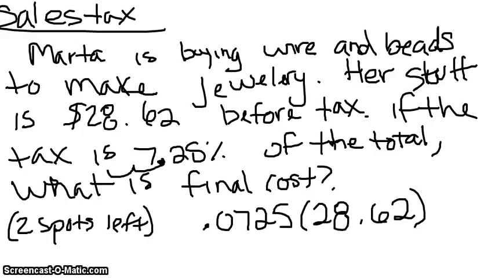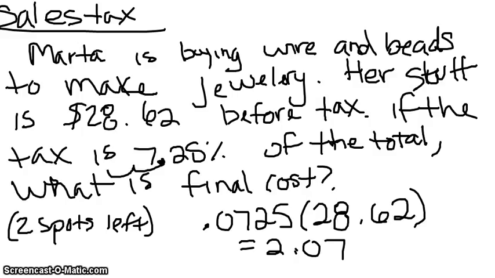So I take 0.0725, multiply it by 28.62, and I do that straight in the calculator. I'm going to round, and we get 2.07. I'm just going to keep it at 2.07 because I know I'm talking about money, so pennies is the smallest unit.